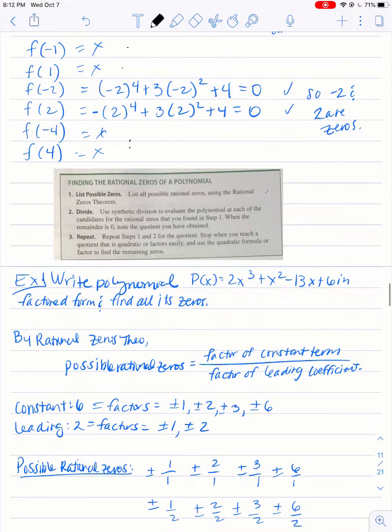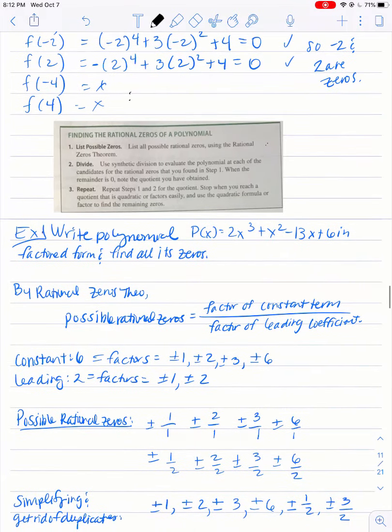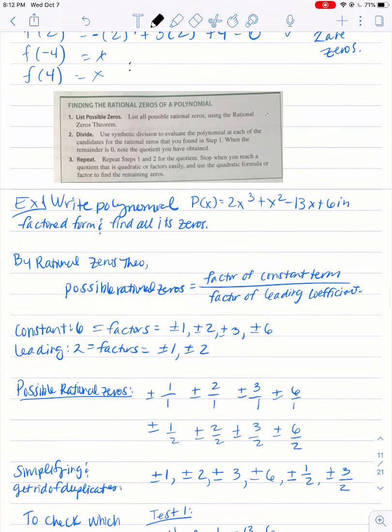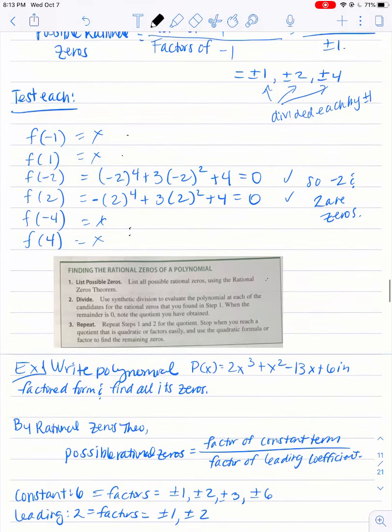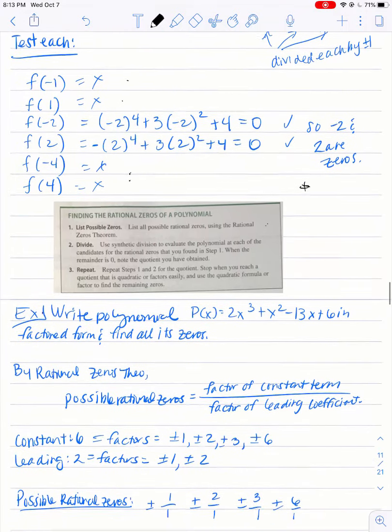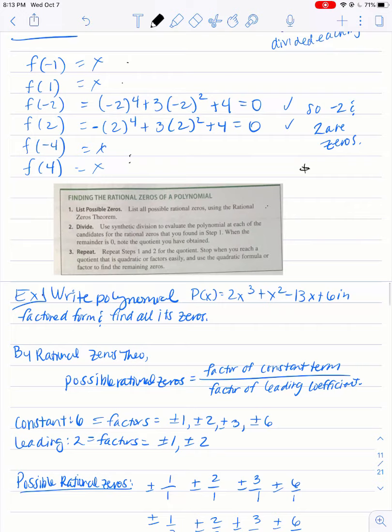When the remainder is 0, note the quotient we have obtained, and then repeat. So we find our zeros using the rational zeros theorem, then use synthetic division once we've found a zero, and then find our other zeros using a zero we have already obtained.